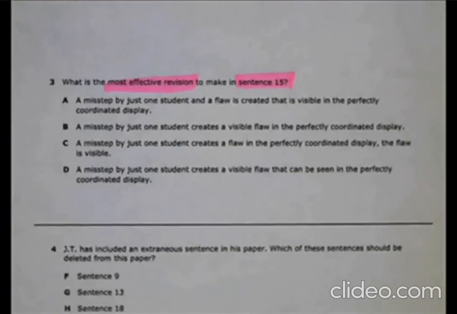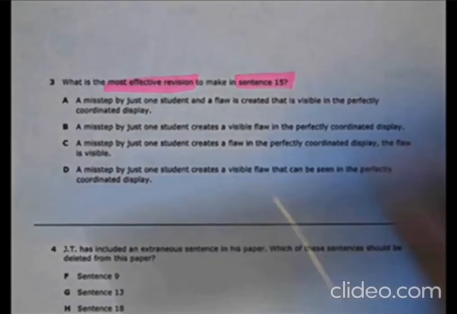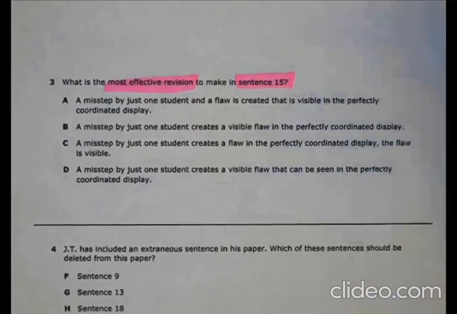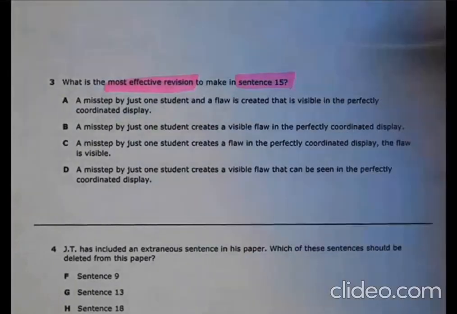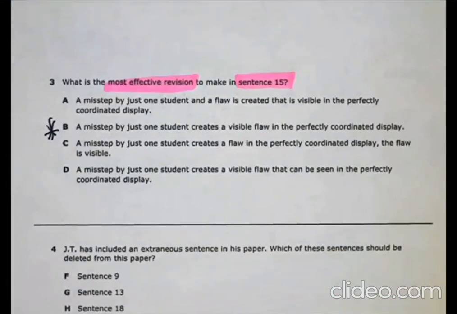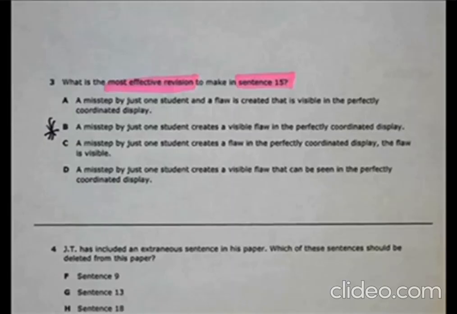So if we were to choose based off of tip number 2, which says if we plan to guess, choose the shortest answer, just by looking at these, the shortest answer here is letter B. You can see that it's noticeably shorter than the rest. So I'm just going to put a little star here, just so we have that note there, that B is most likely going to be my answer.